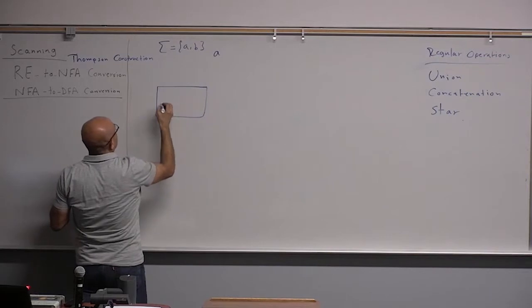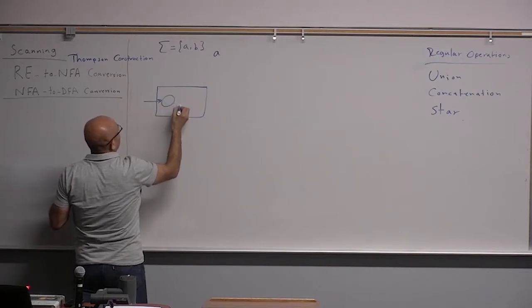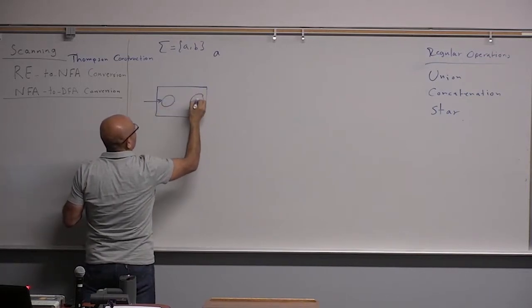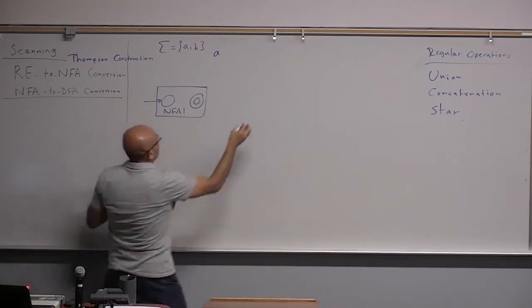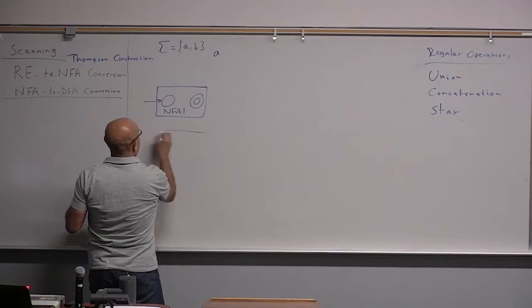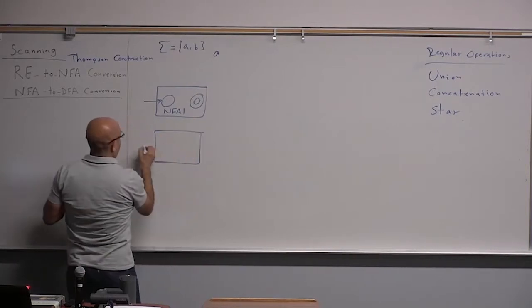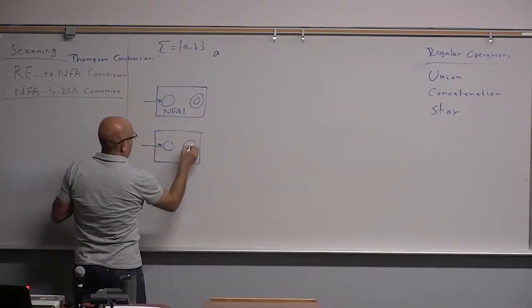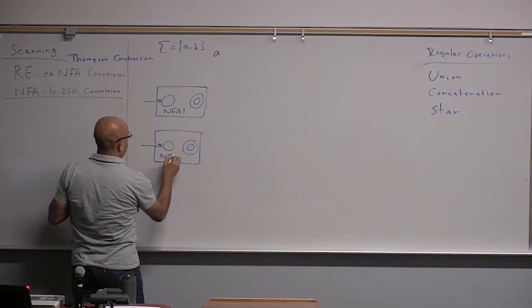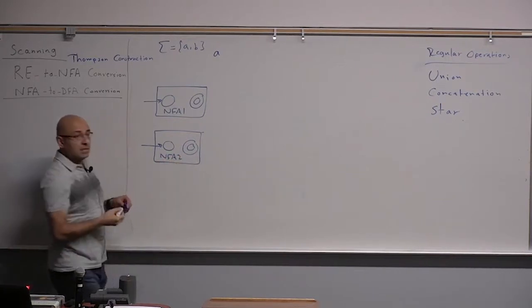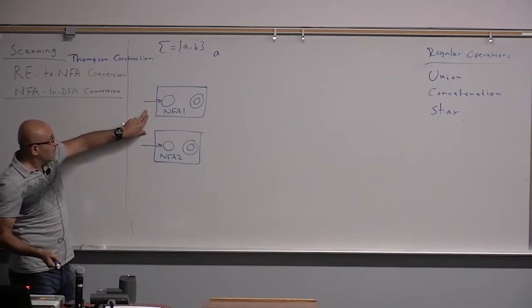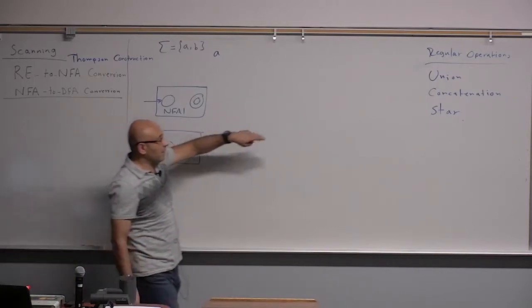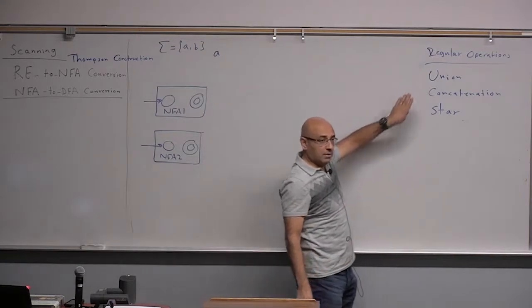Okay, so now suppose that I have 2 NFAs. This is NFA 1, and this is NFA 2. I have 2 NFAs for 2 different languages, and I would like to construct an NFA for the union.